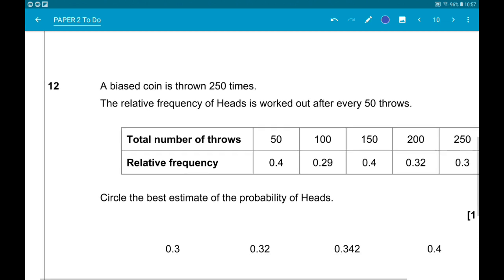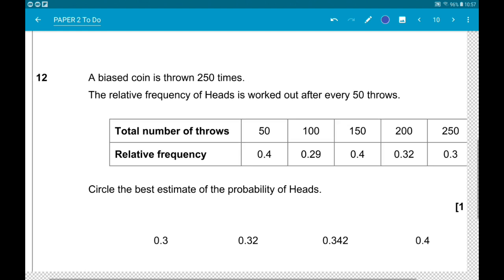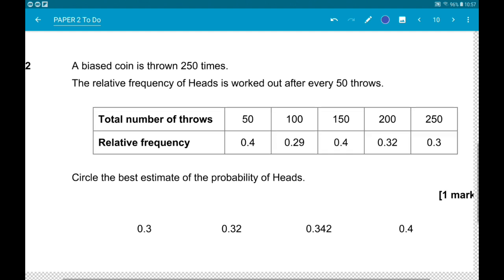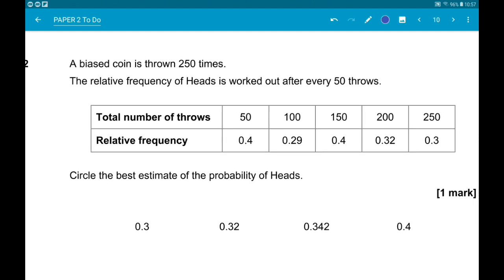Number 12, a biased coin is thrown 250 times. The relative frequency of heads is worked out after every 50 throws. Circle the best estimate of the probability of heads. Okay, so relative frequency is the number of times the event you're interested in happens out of the total number of times the trial was done.